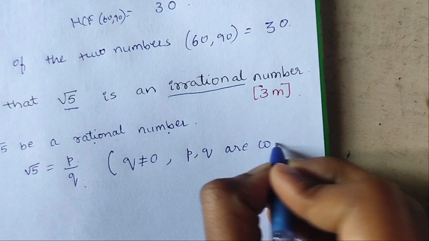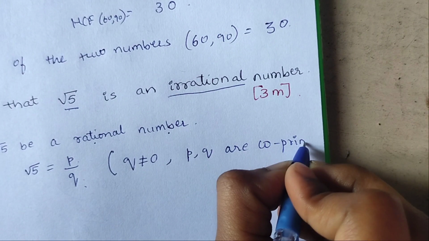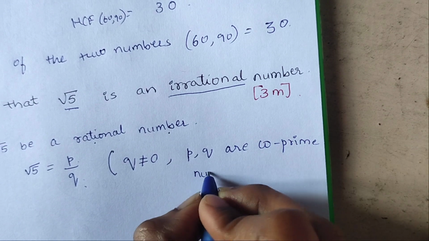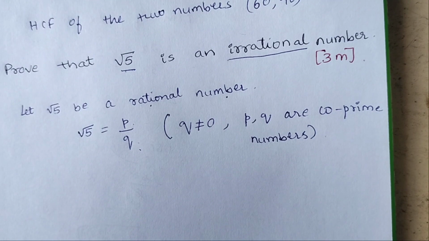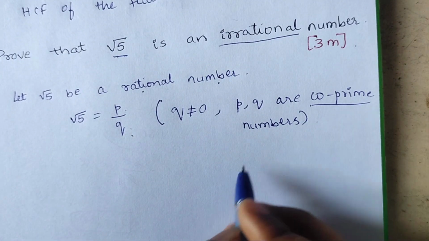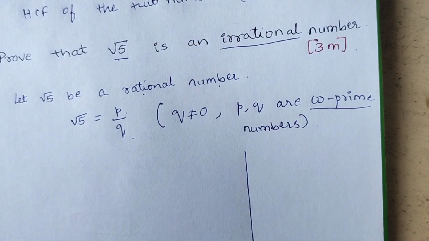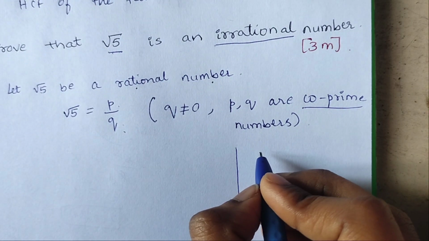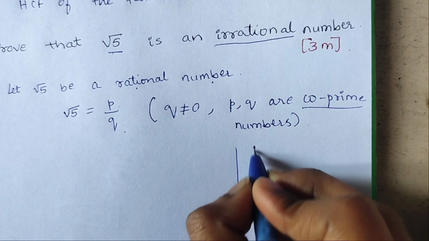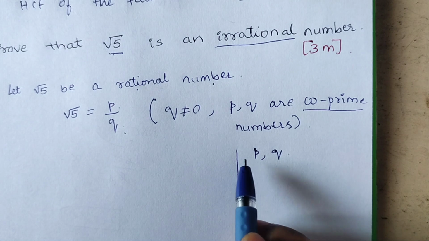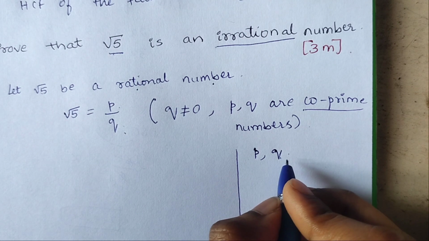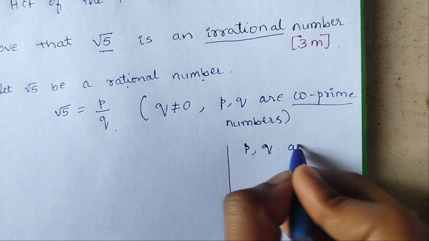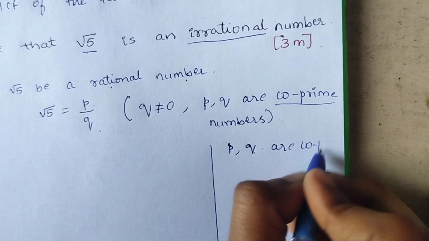P, q are co-prime numbers. So no need to worry about this word co-prime number, students. I'll just briefly explain what this co-prime is. If I consider the two numbers as p, q, these p, q are said to be co-prime numbers if their HCF is 1.